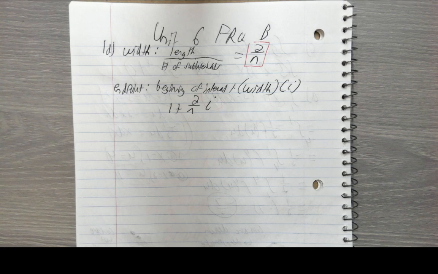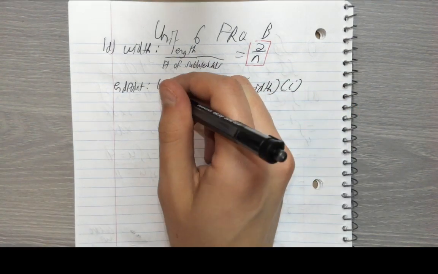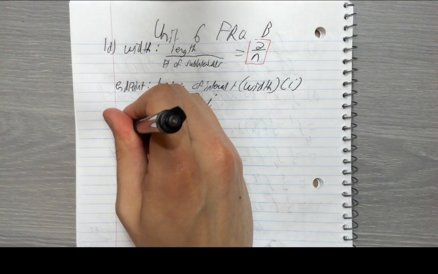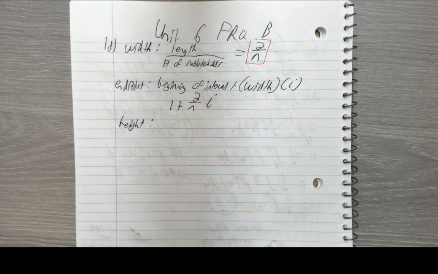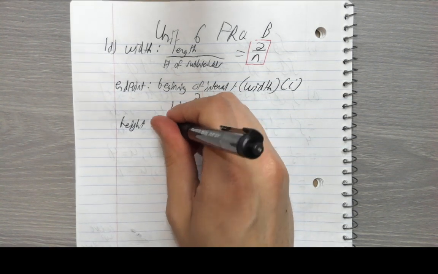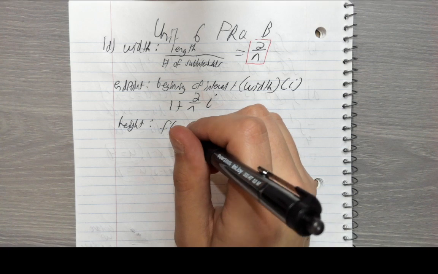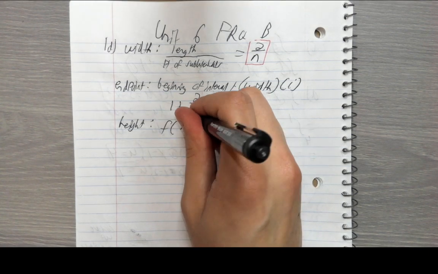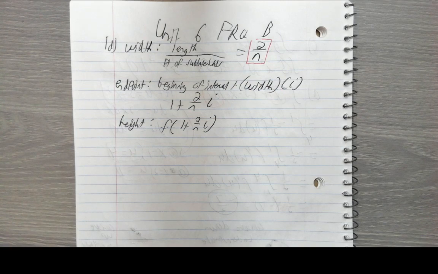All right. Now again, like I said, to find the area of each individual rectangle, it's not the width times the endpoint. It's the width times the height. Well, we needed the endpoint because the endpoint is going to give us the height of every single subinterval. To find a height, when we're looking at a graph and at functions, we take f of whatever that endpoint is. So we need to find what f of 1 plus 2 over n times i is.